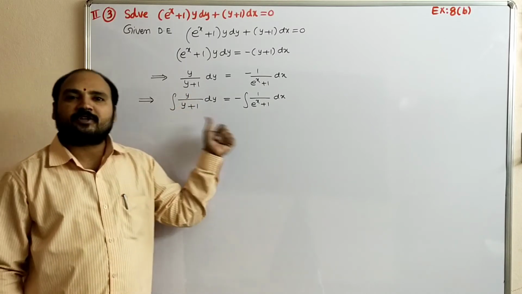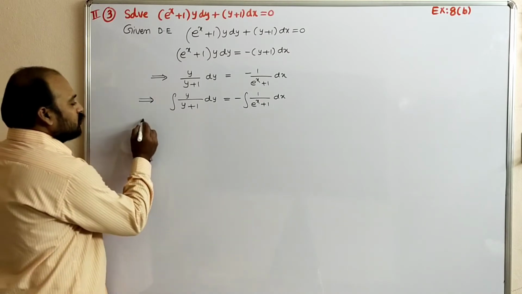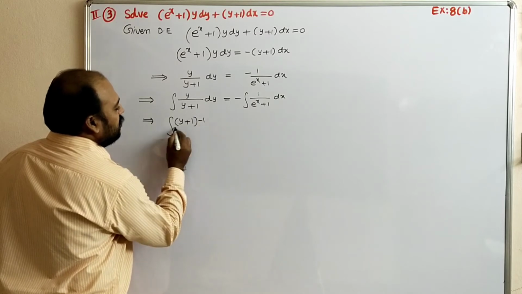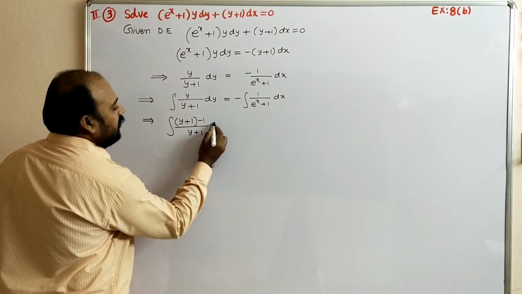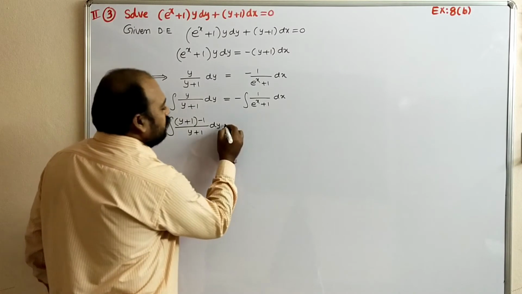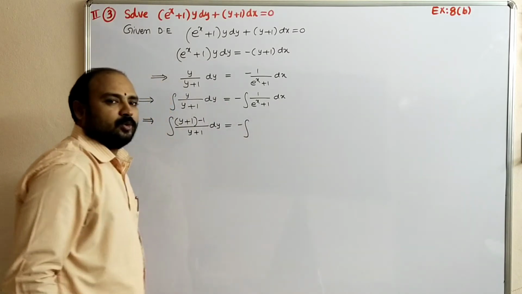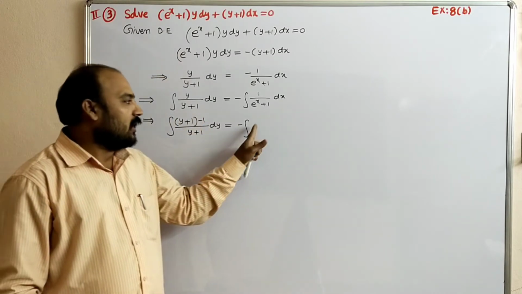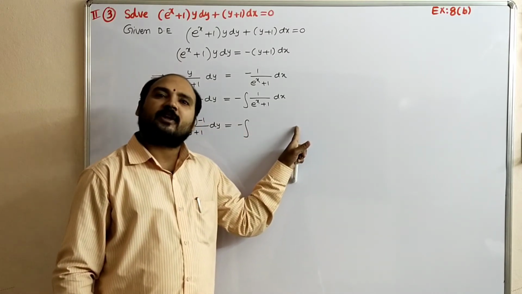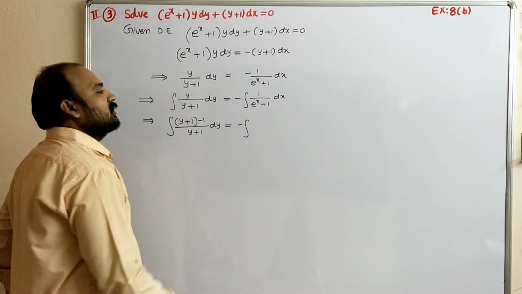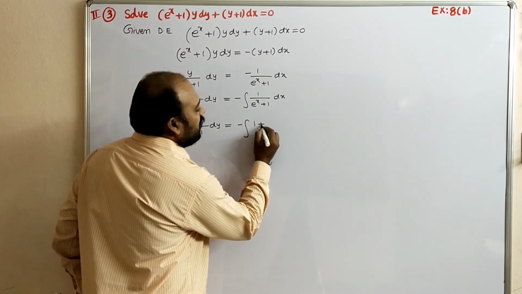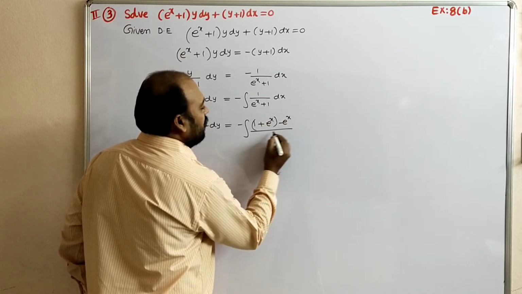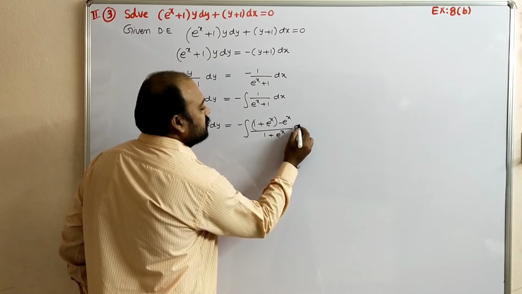So by adding and subtracting, plus 1 and minus 1: integral y plus 1 minus 1 divided by y plus 1 into dy is equal to minus, here also e power x plus 1 is in the denominator and in the numerator 1 is there. Here I am adding e power x and subtracting e power x, then splitting into two integrals. So 1 is there, e power x I am adding and subtracting, divided by 1 plus e power x into dx.